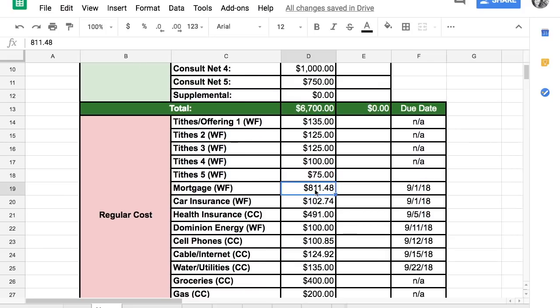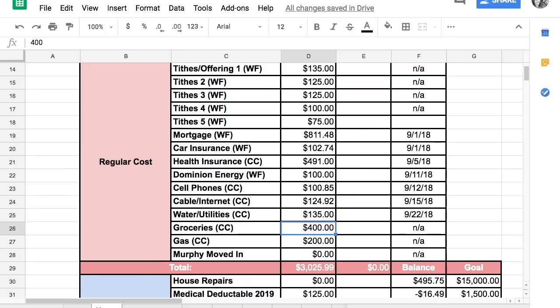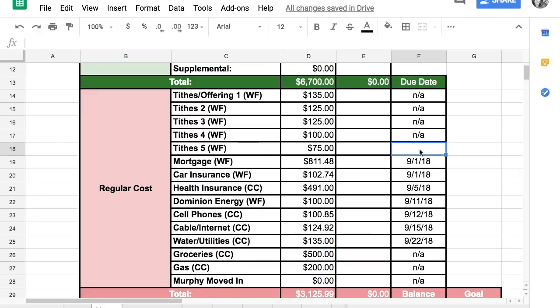Mortgage will stay the same, car insurance, health insurance, energy, cell phones, cable internet, water, utilities, groceries. Because it is a 5-week month, I'm going to bump up our grocery budget to $500. Gas, we're still going to say about $200.